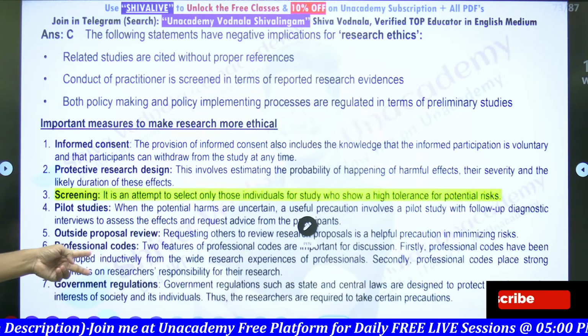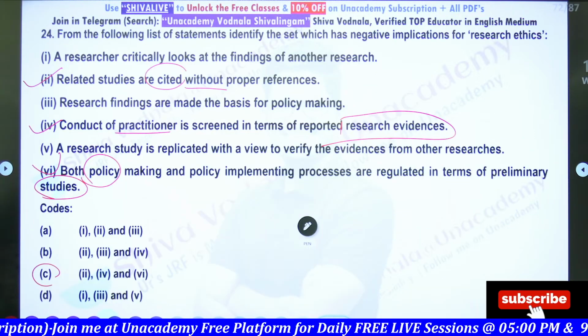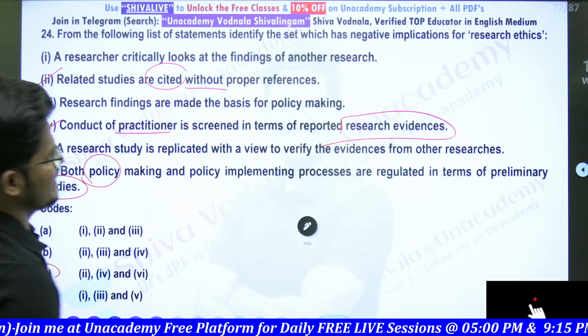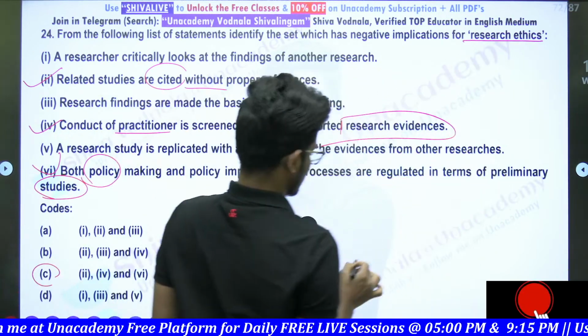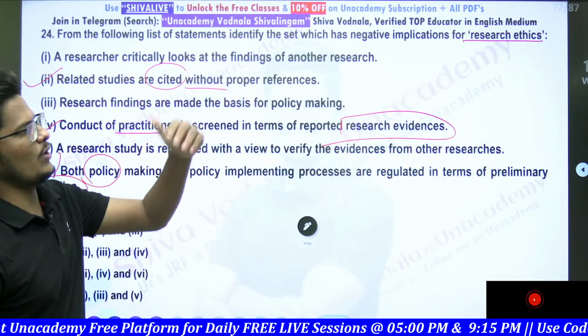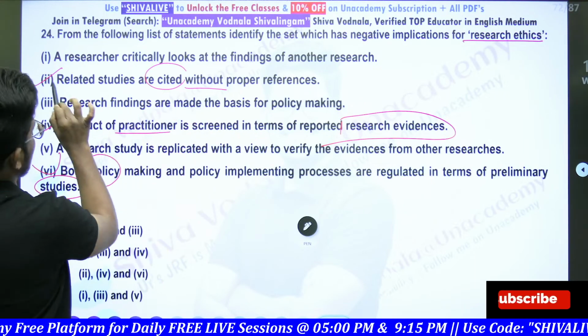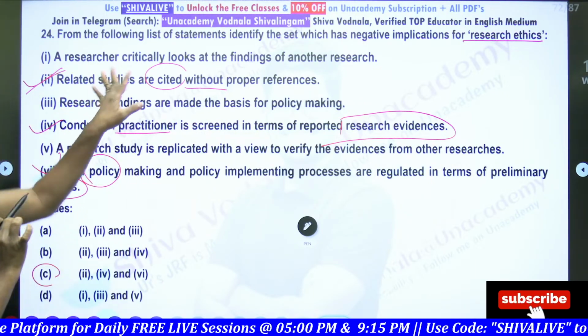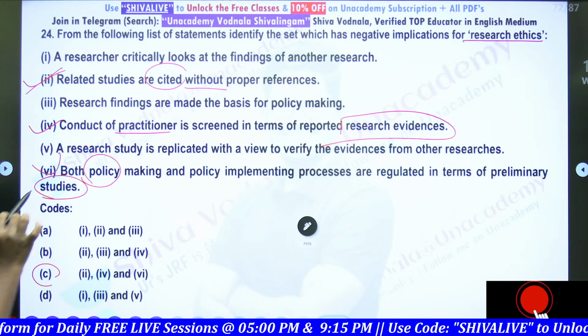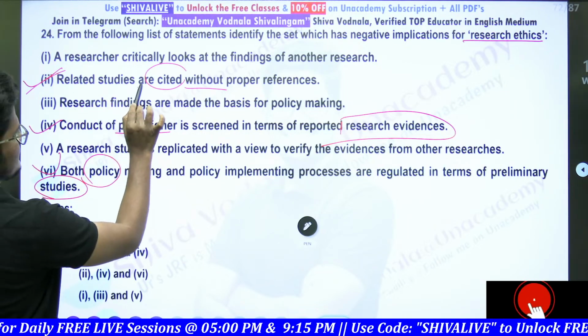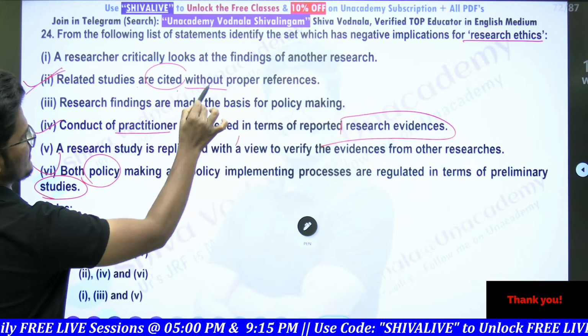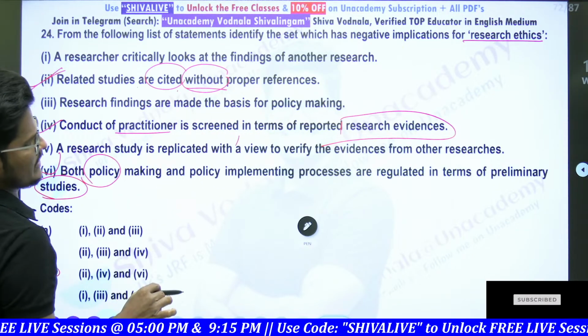Two, four, six. By negative implication of ethics means if you don't follow ethics, what happens? Because here you are not following ethics. The situations which are not following ethics, they are asking. Related studies are cited without proper references. There is no reference over here.